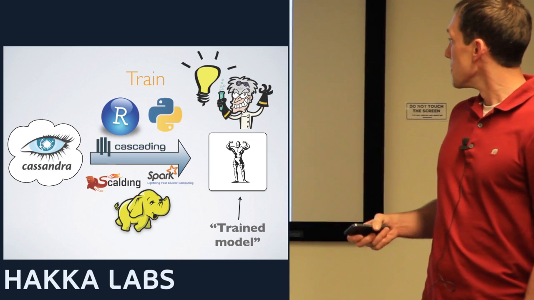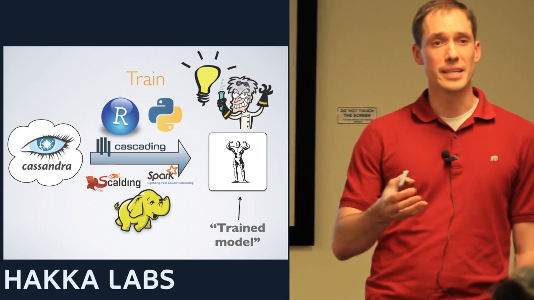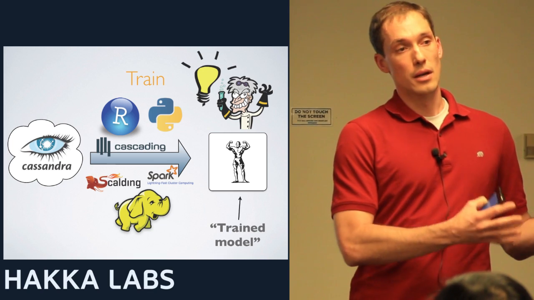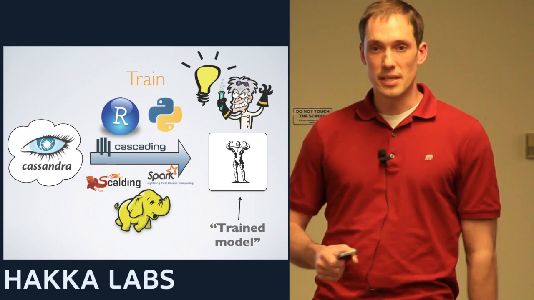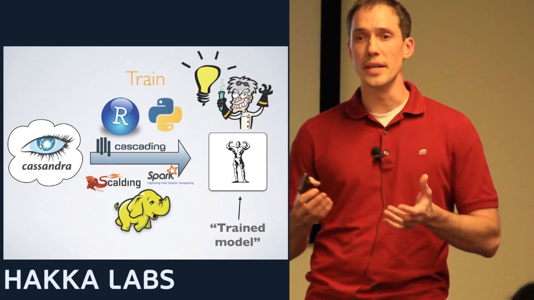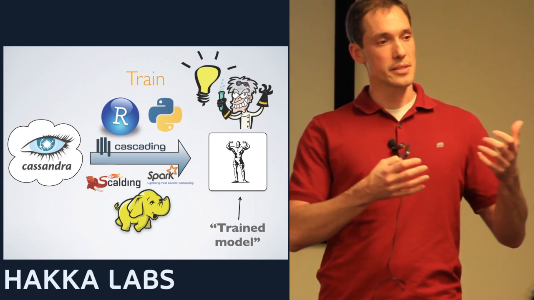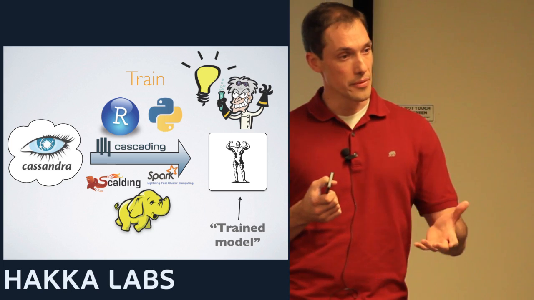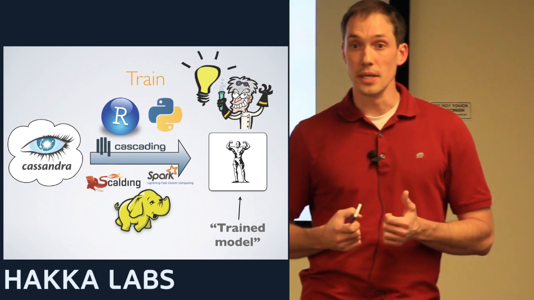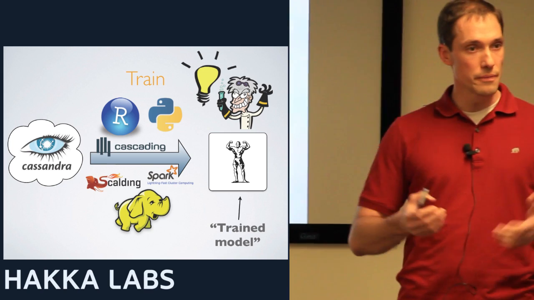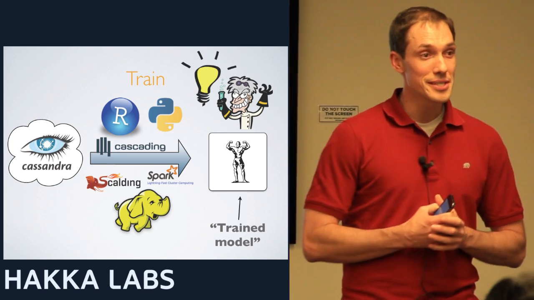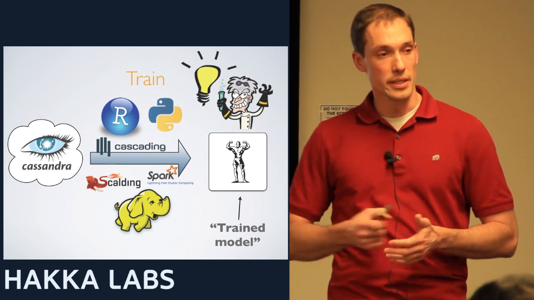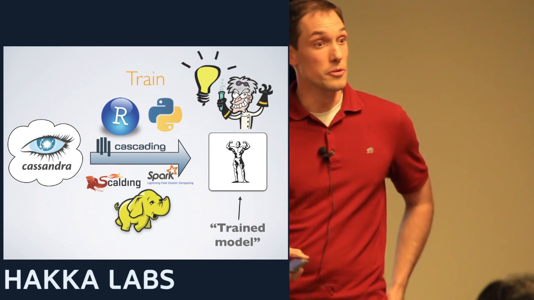So we'll likely want to provide some kind of a mechanism for our data scientists to train the machine learning model based on all of the customer data we have in Cassandra using some kind of tool that attempts to bridge this gap between the accessibility of something like R and Python and the power of doing in-Hadoop analysis. So there are a number of, again, these open source projects that attempt to bridge this gap. I listed a couple here, Scalding, Spark, and Cascading, but there are loads of others.